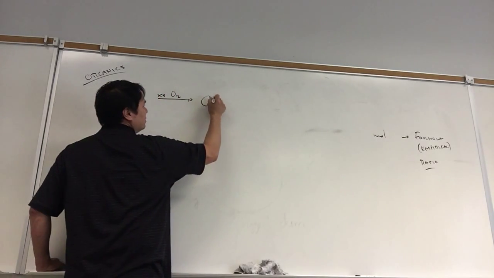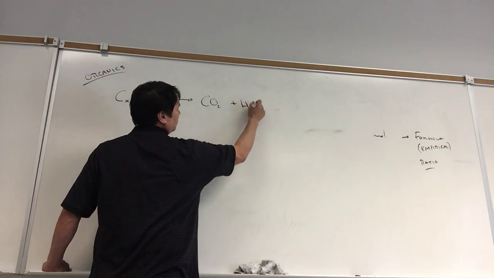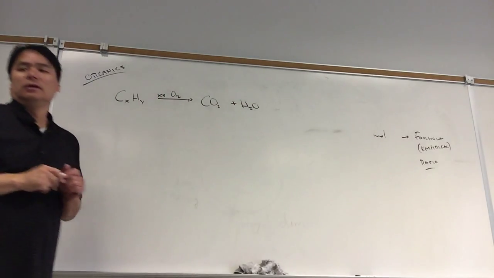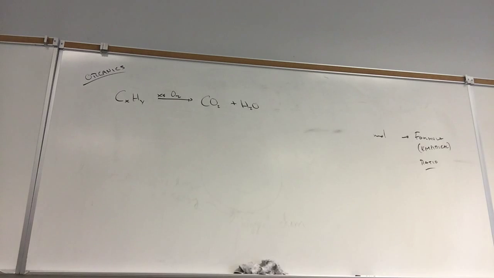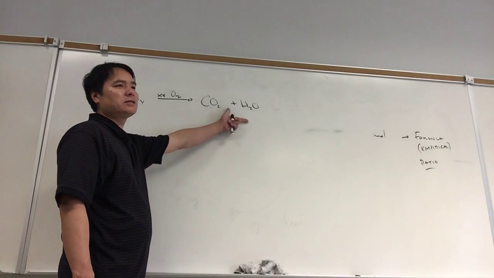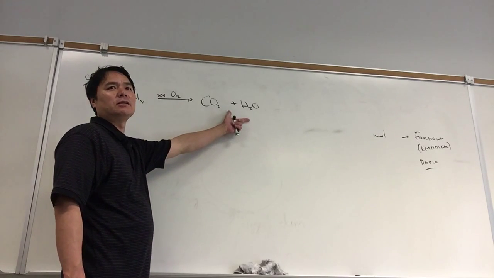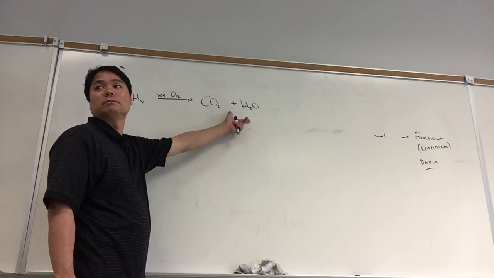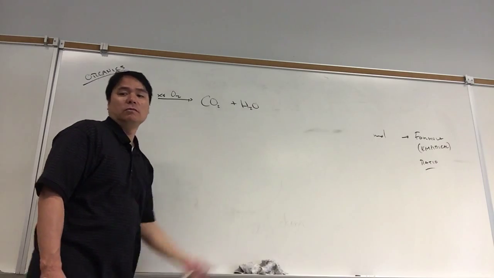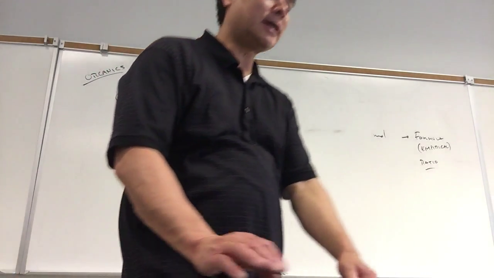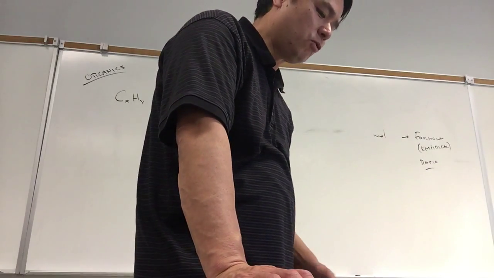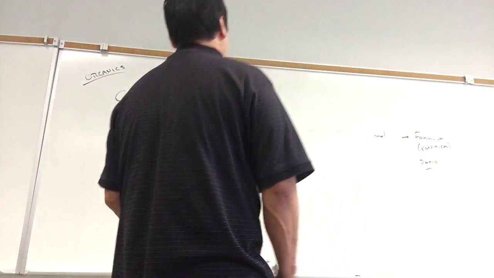You're going to form CO2 and H2O. Then you pass the flow of gases through a desiccant. The desiccant sucks up the water. So you weigh the desiccant before combustion and after combustion, assuming the desiccant has captured all the water. The mass increase of the desiccant will equal how many grams of water was captured.